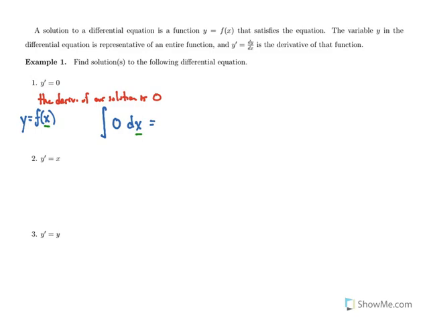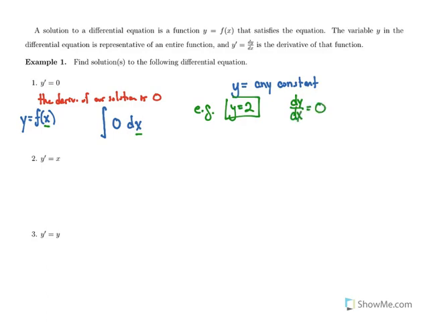So we can say that y, we'll write it like this. We'll say that a solution to this equation is y equals any constant. For example, if you take y equal to 2, that's an answer because the derivative of 2 is equal to 0.